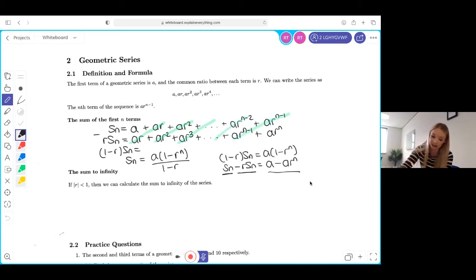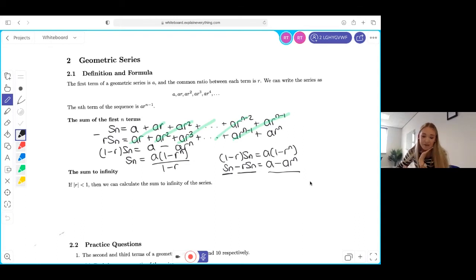And I'm not actually left with much, I'm only left with the first term a, and then in my second line, I'm only left with ar to the n. And then if I factor out my a from there, I've got a times 1 minus r to the n. So if you always start with the final line of what you want to achieve, and work backwards from there, it helps keep you on track too. So it's a nice proof of just 4 lines, just for 4 marks.